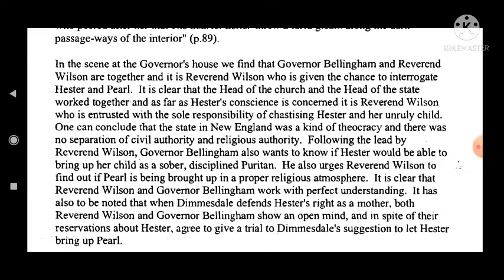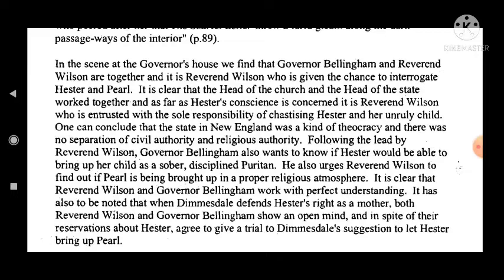In the scene of the governor's house, we find that Governor Bellingham and Reverend Wilson are together, and it is Reverend Wilson who is given the chance to interrogate Hester and Pearl.